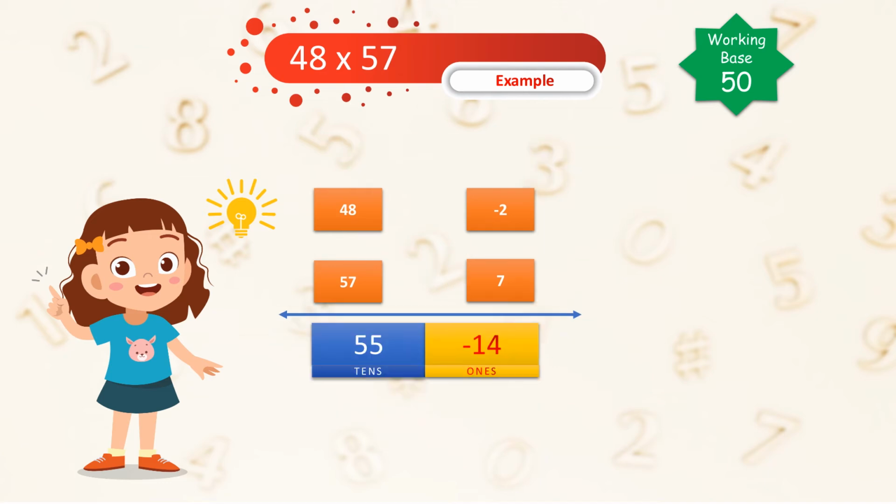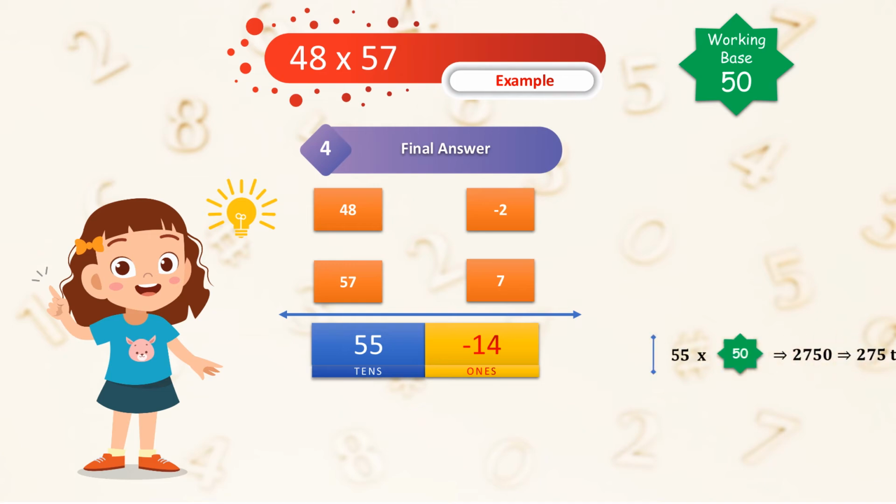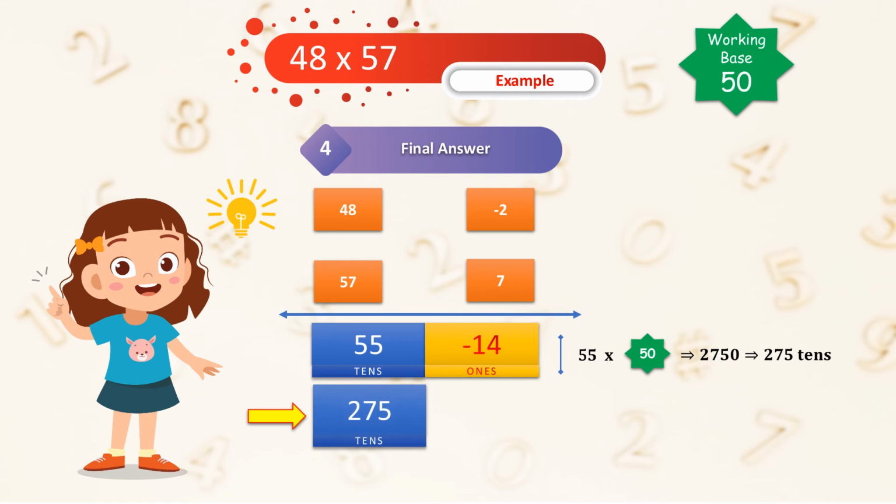We now proceed to the final answer step, the last of the steps, and in this one we take the number 55 and multiply that with our working base 50. We get 2750 or 275 tens. So we write 275 on the left and minus 14 on the right.